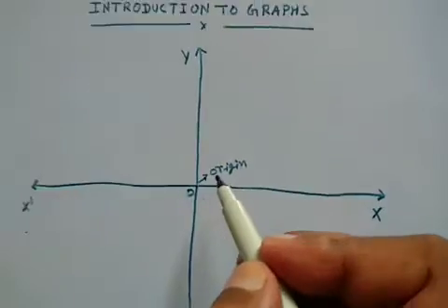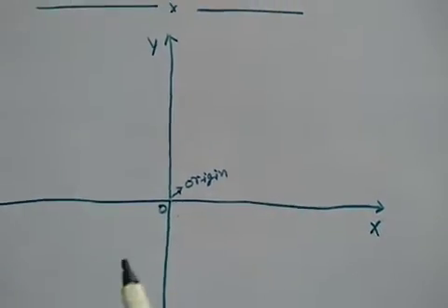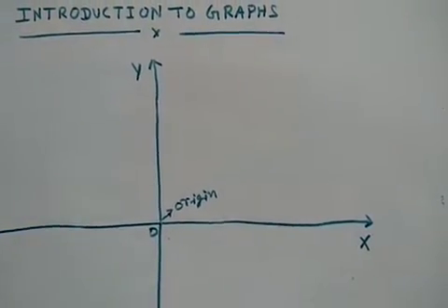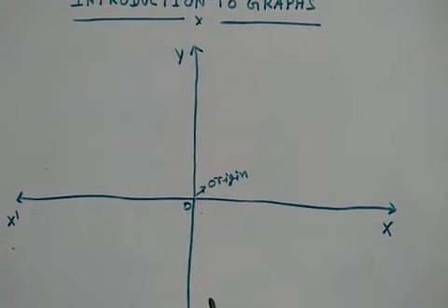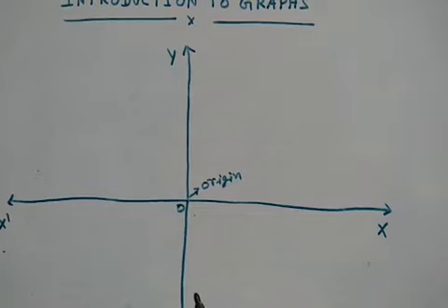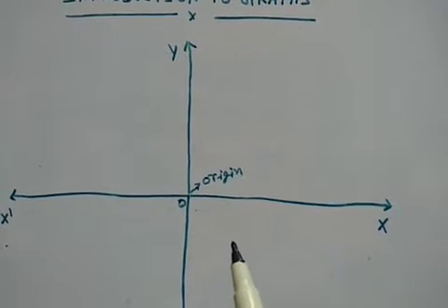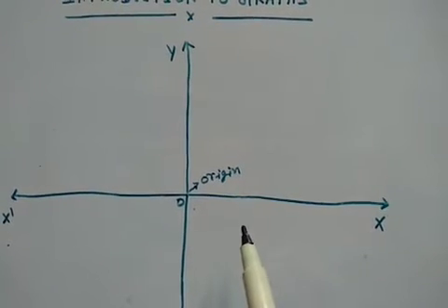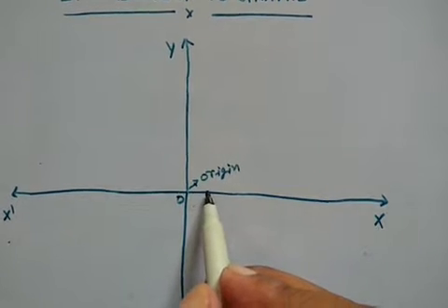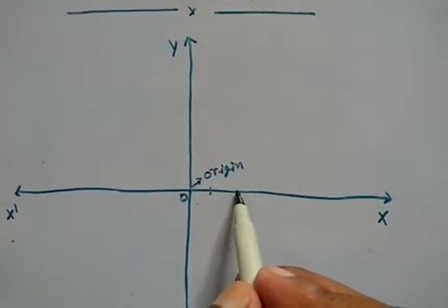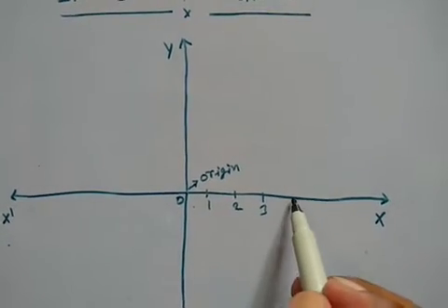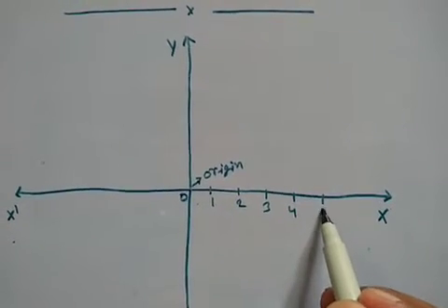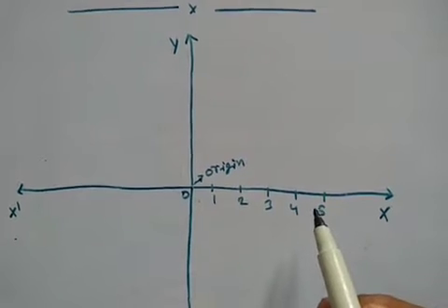Children, as we know, on the number line we always write positive numbers on the right side of the origin. So we write 1, 2, 3, 4, 5 and so on.